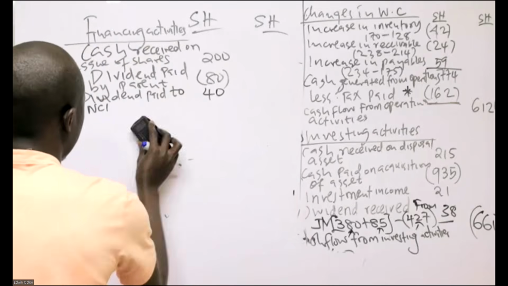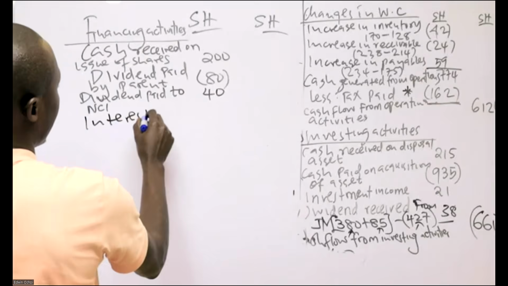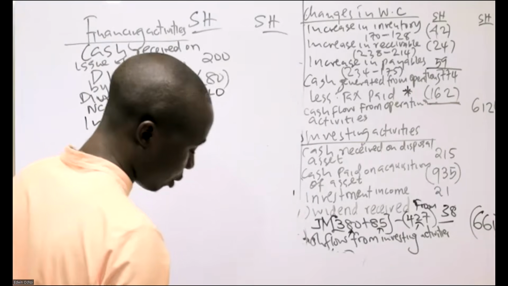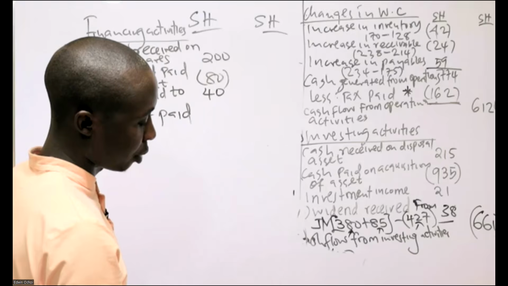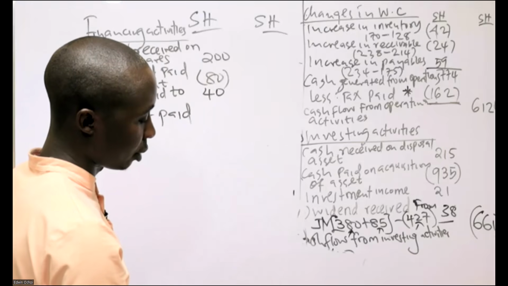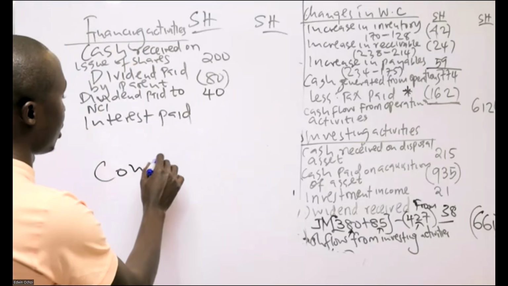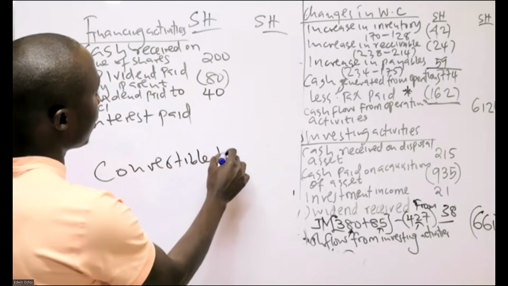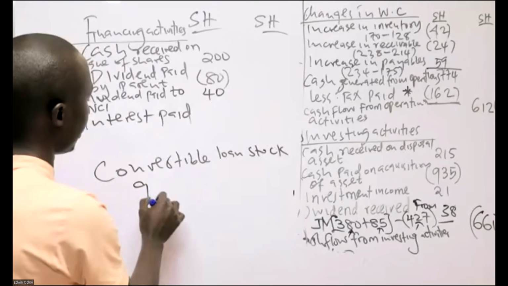We are done. So the last thing is all about interest paid. Before I talk about current liabilities, remember that for the convertible loan stock, there's nothing to record, because the balance brought down is 960.